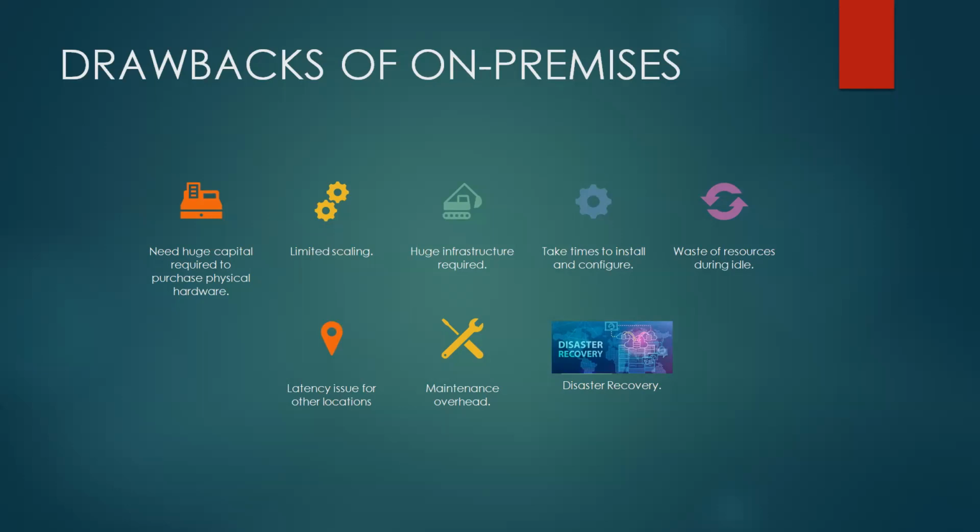And then limited scaling. The second point is limited scaling. For example, now you bought 1000 GB of storage and 1000 servers. Unfortunately, the project size increases, and the client is expecting 2000 servers and 2000 GB.